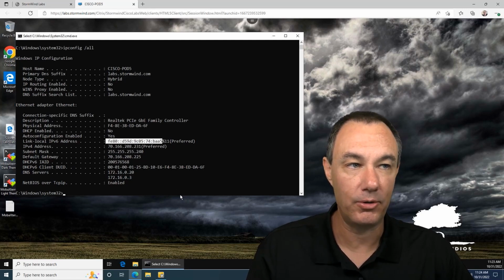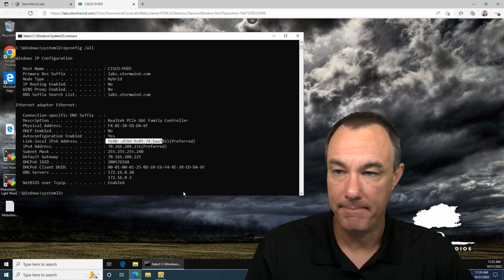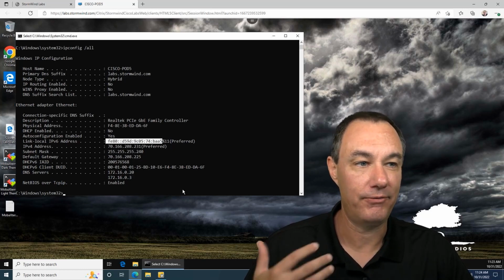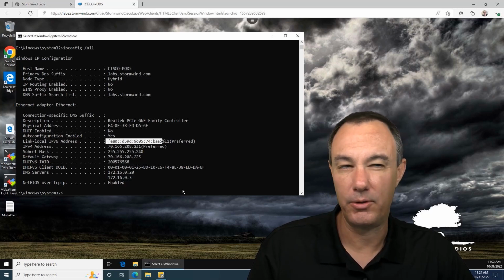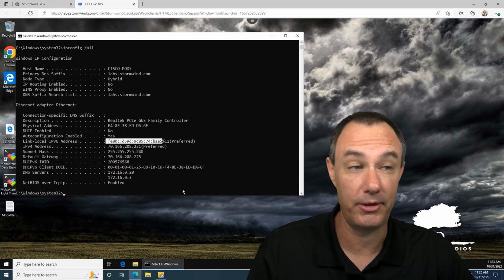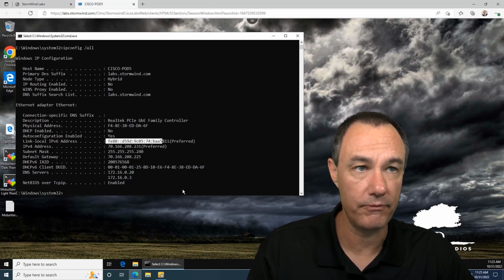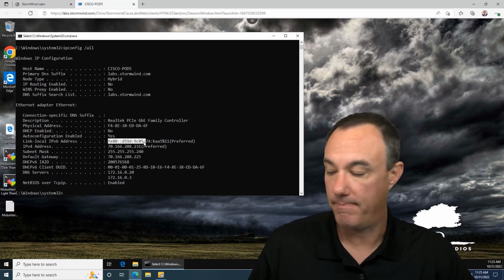It got one of these link local addresses. I'm not doing anything with IPv6, but it baked it in because there's different kind of tunnel mechanisms that Windows likes to build. And I think the kind of tunnel that IPv6 uses on Windows is called a Teredo tunnel. And it's an automatic kind of tunnel that is configured for communication. So, not unusual to self-assign one of these. Not unusual to self-assign an address.